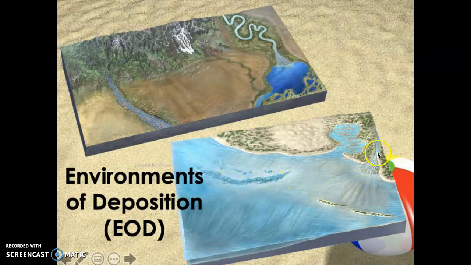You can see coral reefs, a river delta, some sand dunes, a beach. So lots and lots of possibilities for environments where sediments can be deposited, and then those deposits later preserved through the process of what we call lithification, or turning into stone.